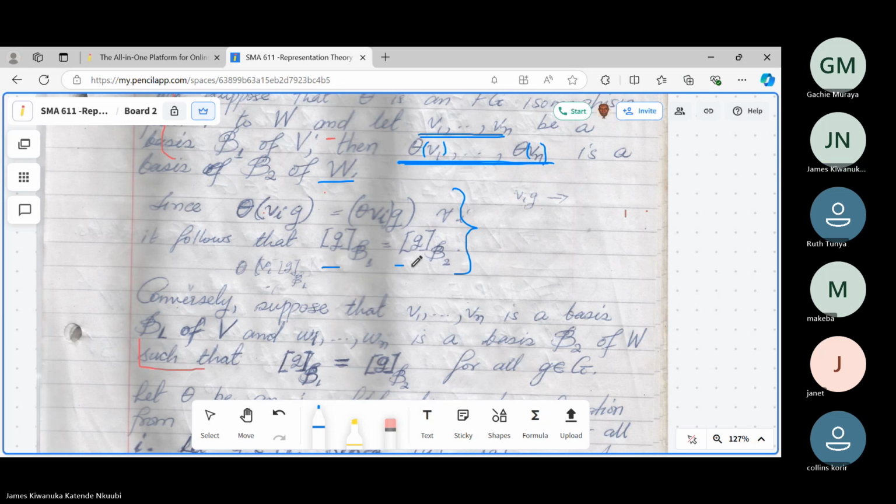Good. There's a bit of work to be done here.